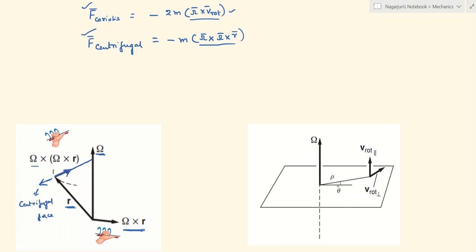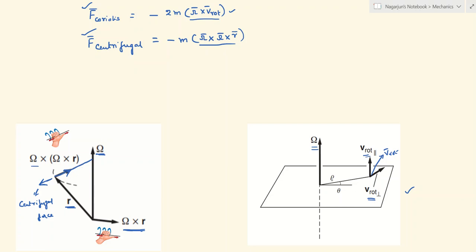Now in the second picture, imagine this is the direction of v bar rotation. We can resolve v bar rotation into its perpendicular and parallel components. The parallel component of v bar rotation is parallel to omega bar, so in doing this cross product, the contribution by this parallel component is nullified. Only the contribution by the perpendicular component of v rotation is there.